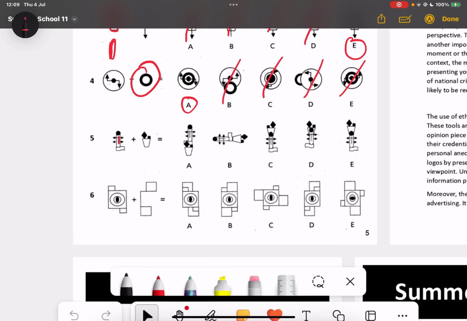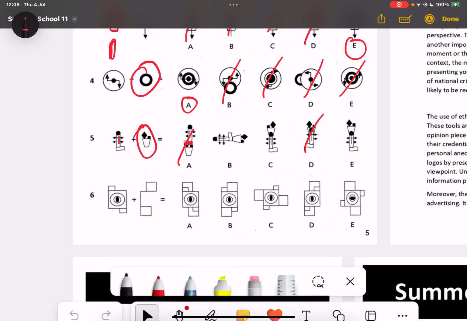So following the same process, we're just going to be looking for that shape in our options. So it's not in A because the flag is facing the wrong way. It is in B, it is in C, not D, and it is in E.